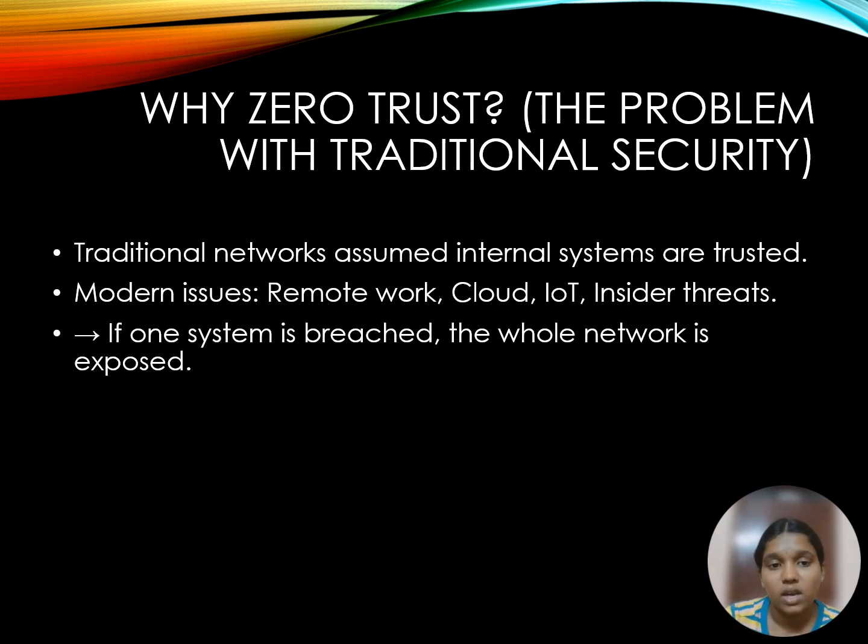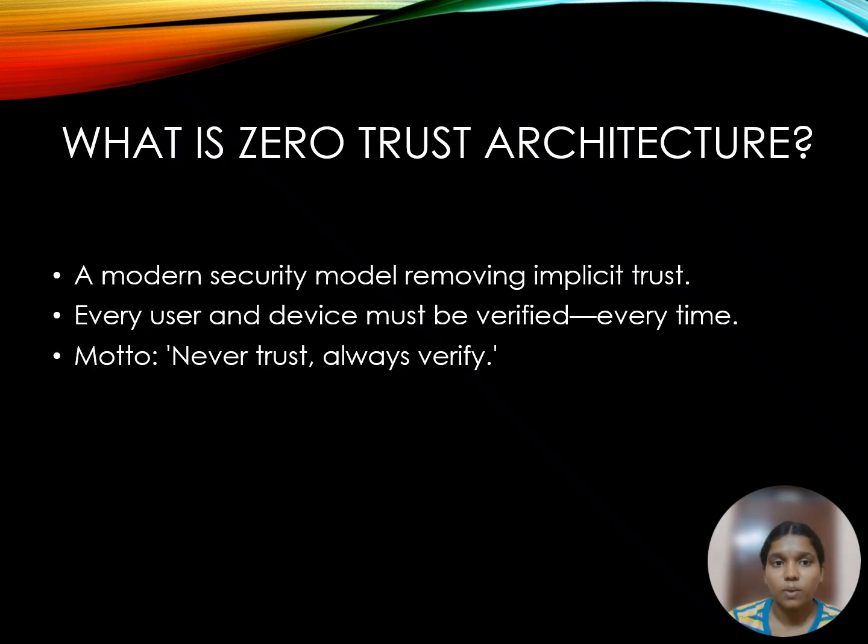This is why Zero Trust was introduced, to eliminate the idea of automatic trust within the network. So, what exactly is Zero Trust? Zero Trust architecture is a security model that assumes no user, device, or system should be trusted by default, even if it's inside the organization's network.